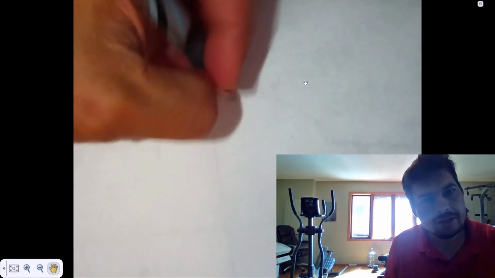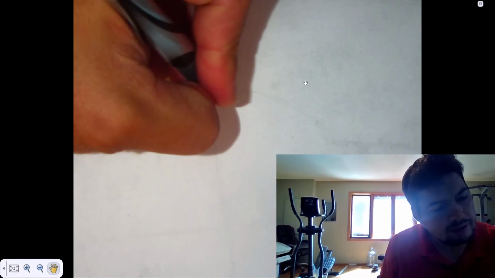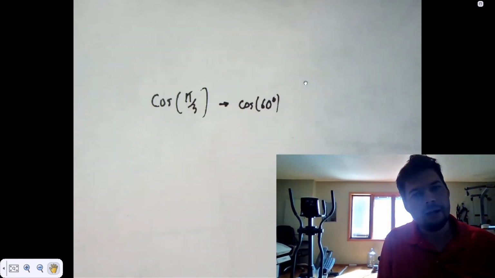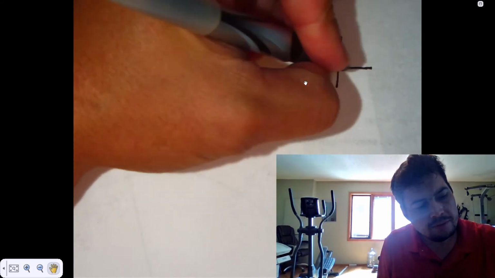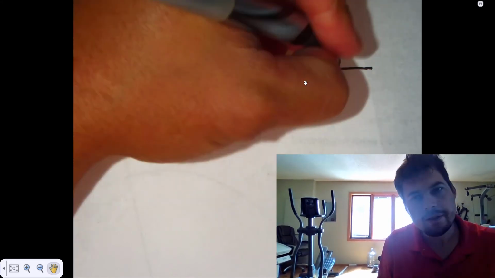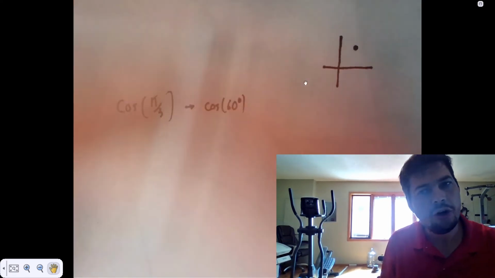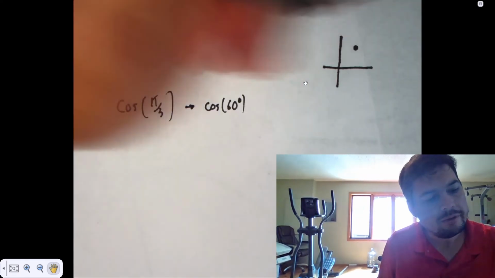Well, what most kids do is they say, okay, that's really the cosine of 60 degrees. Now, I'm not going to redraw the unit circle here. I already know what the answer is. But when I was younger, I would think about where that point was on the unit circle. Just having that drawn out made it quicker for me.